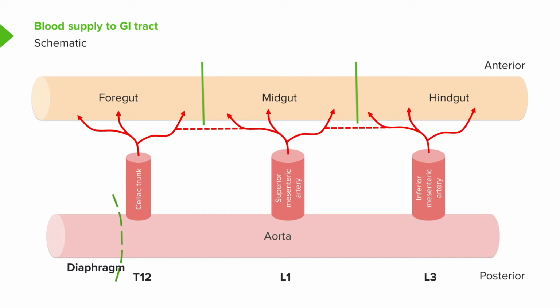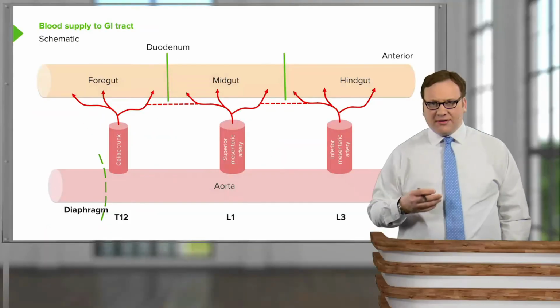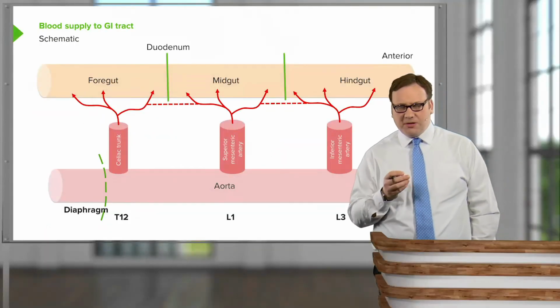If we then look to the gastrointestinal tract, we can see that the GI tract is split into foregut, midgut, and hindgut. Now, the separation between the foregut and the midgut occurs at the duodenum, specifically the major duodenal papilla. That separates the foregut from the midgut.